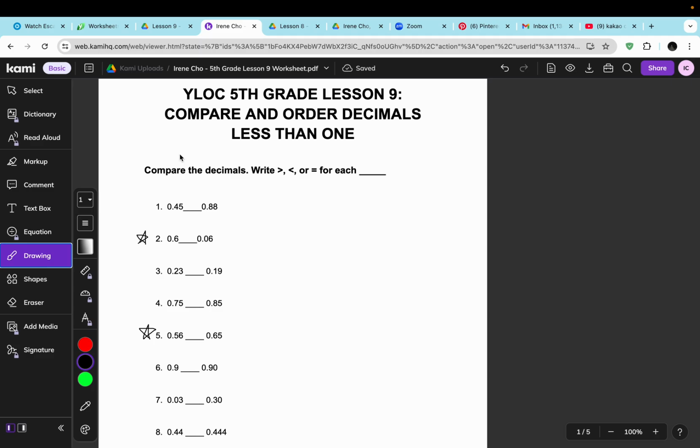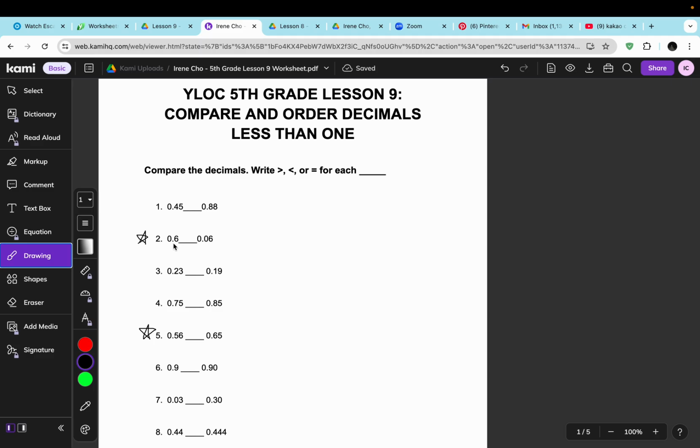Since all of these questions have a 0 before the point, we have to look at the number after the point for all of them. Like with whole numbers, for these types of questions we just look at the number after the point and see which one is greater.